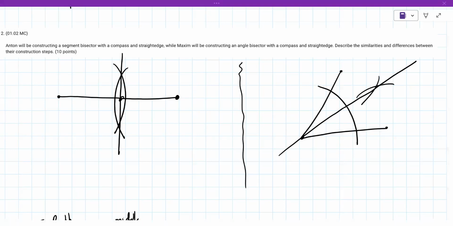When you bisect an angle, you would not get two perfect 90-degree angles.